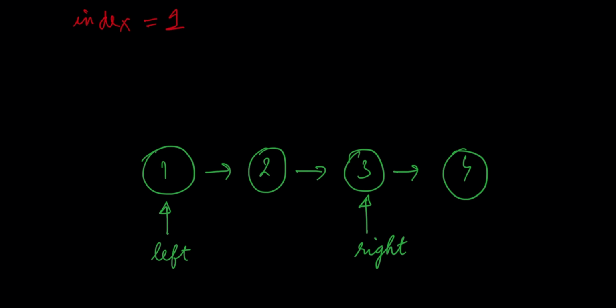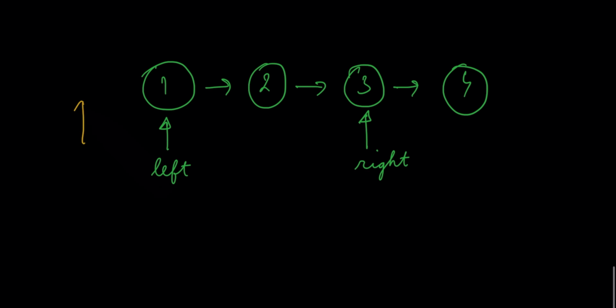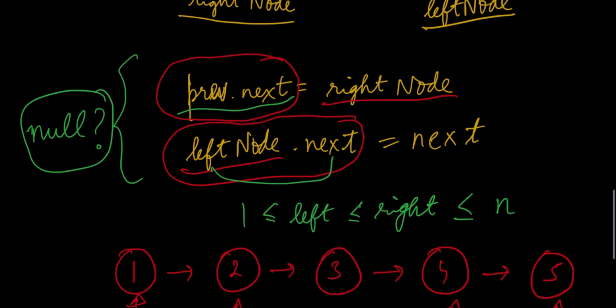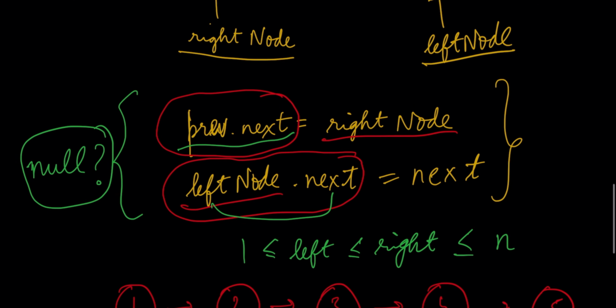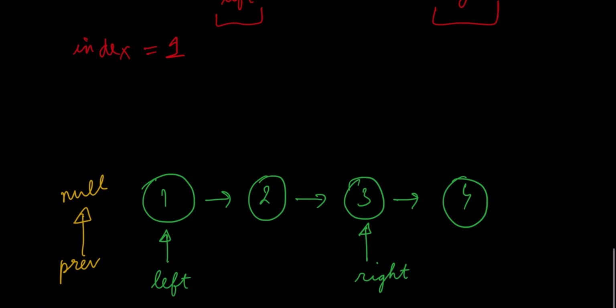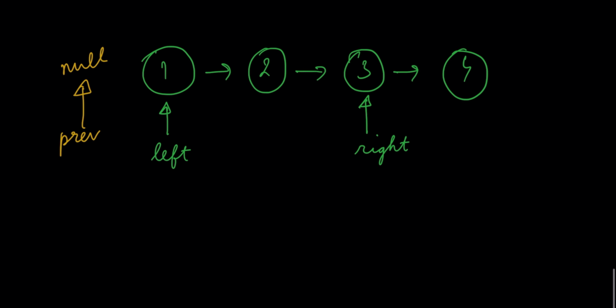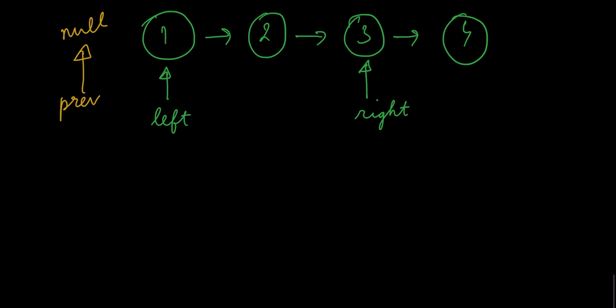In this case our previous pointer is going to be null, and if we use this logic here, it is going to give us a null pointer exception.